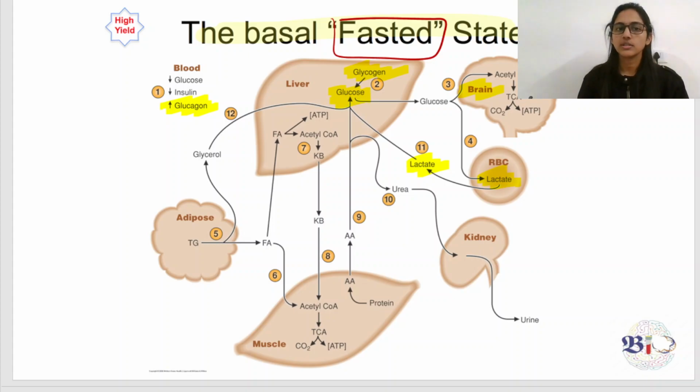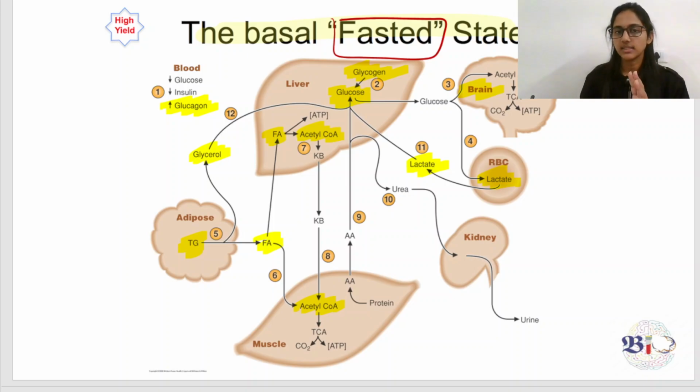Similarly, in adipose tissue, the mobilization of triglycerol, the breakdown of it, gives us fatty acids and glycerol. Fatty acids can undergo oxidation in various organs like liver and skeletal muscle, and give acetyl-CoA.